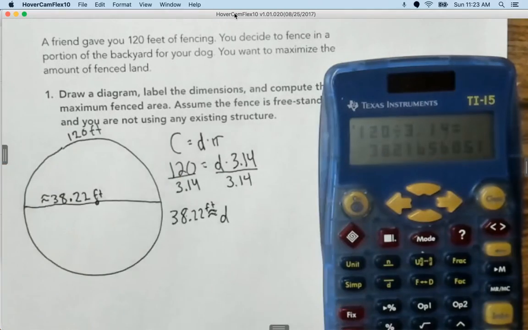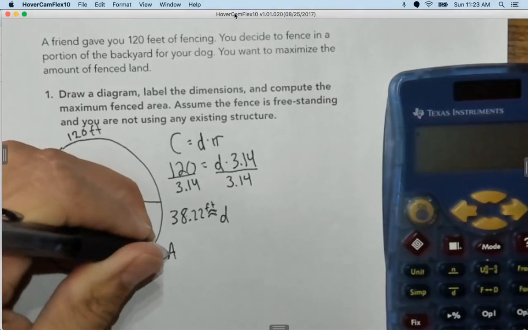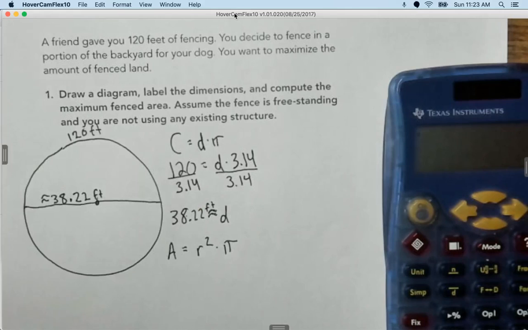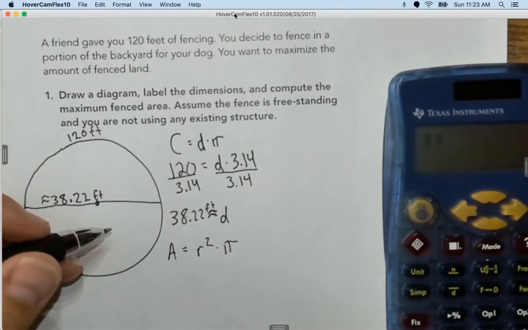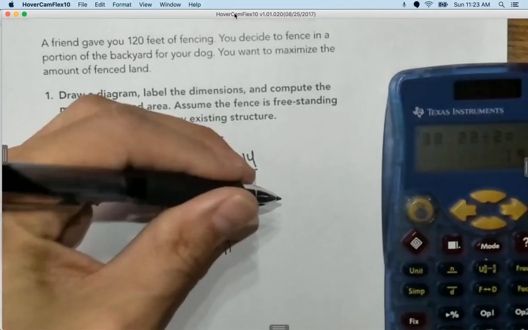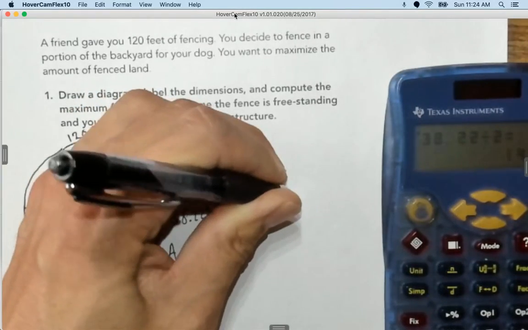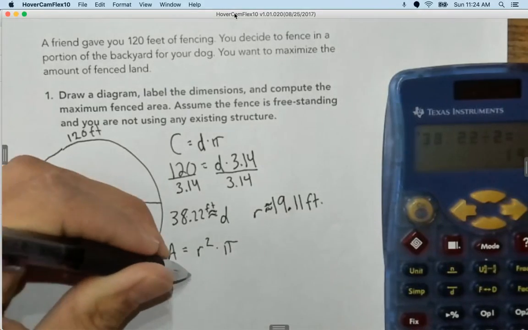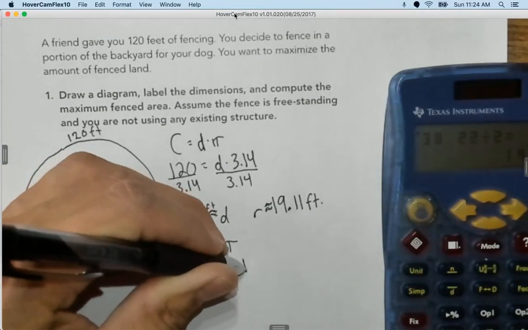Now I could figure out the area of this, and it would be r squared times pi. 38.22 divided by 2 gives me a radius of about 19 and 11 hundredths feet. So I would have an area of 19.11 squared times 3.14.